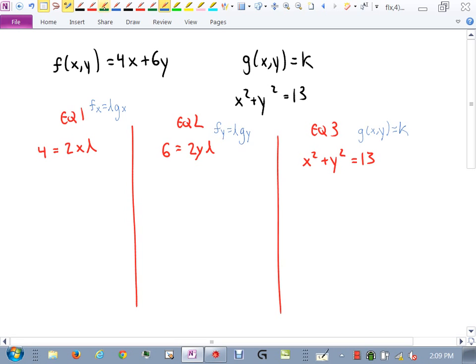How about I just do a little bit of cleaning up on this first one? How about 2 equals x lambda? This one over here, how about 3 equals y lambda? I haven't done anything crazy there, have I? Okay. Now what? See, in the last problem, weren't we able to move stuff to one side and then factor?